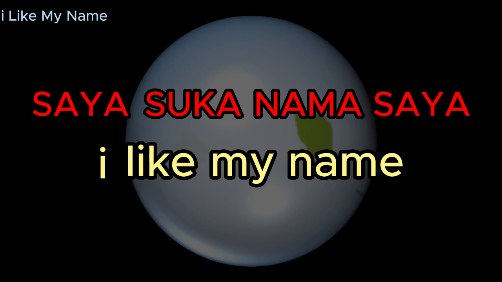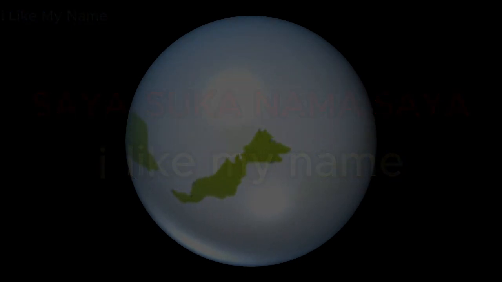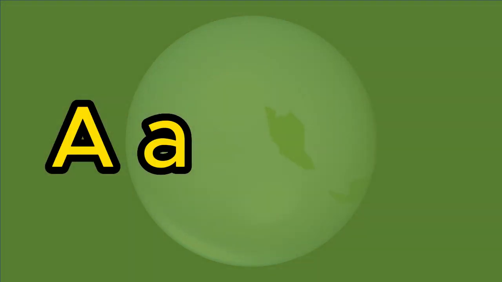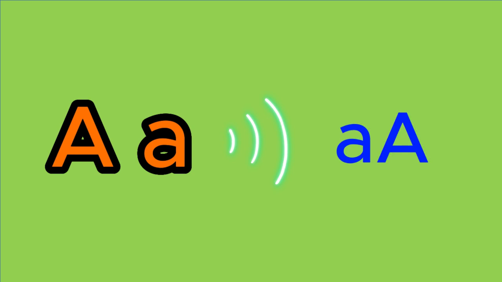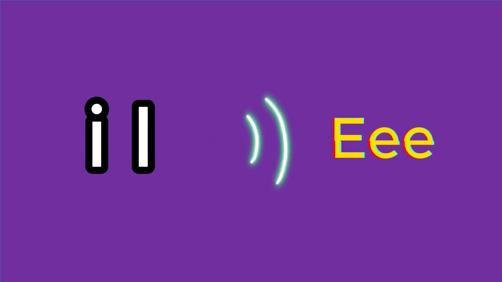Perfect. Let's do a recap before going to the vowel E. The vowel A represents the sound A. The vowel I represents the sound E. Then the vowel O, O. And U represents U. So far, so good.